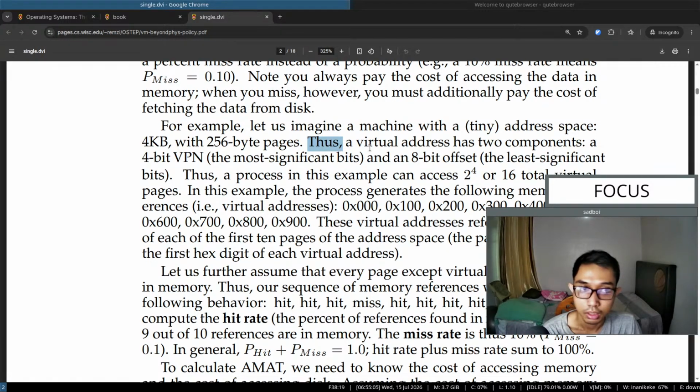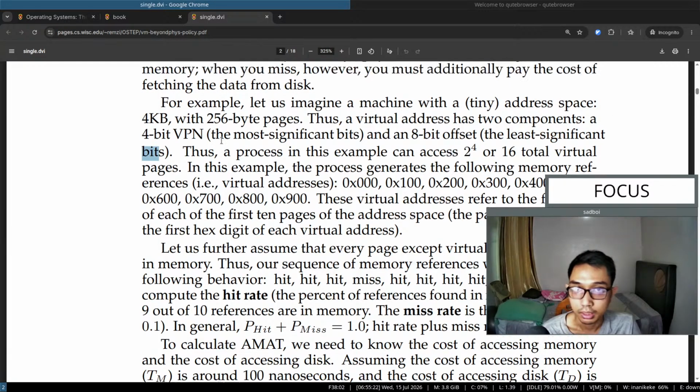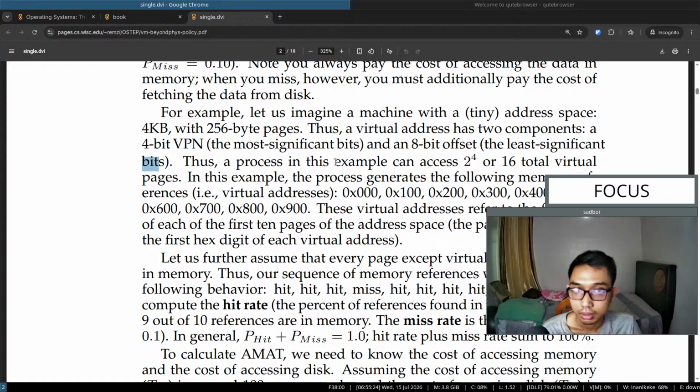Thus a virtual address has two components: a 4-bit virtual page number, the most significant bits, and an 8-bit offset, the least significant bits, the binary digits here. The offset is from the page size. So every page is 256 bytes.